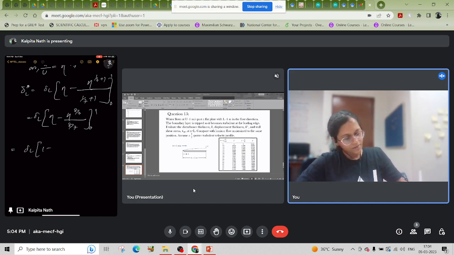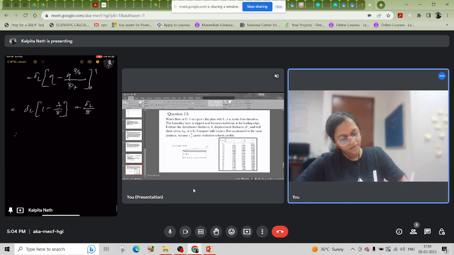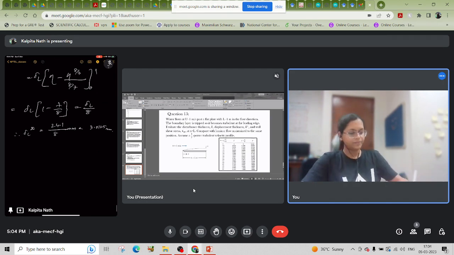That is delta L times 1 minus 7 by 8, which is equal to delta L by 8. Therefore, delta L star is equal to 24.1 by 8 mm, that is 3.0125 mm. This is delta L star.